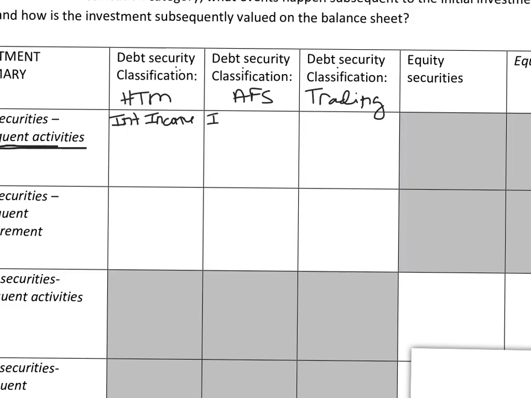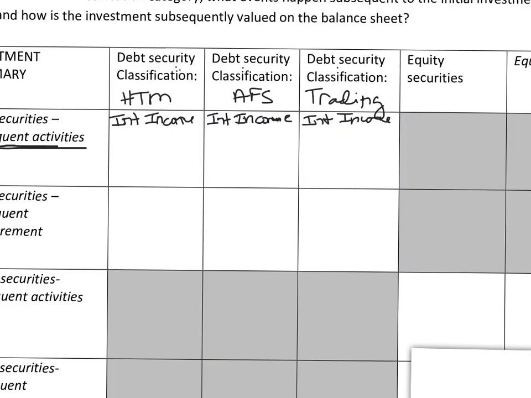So that's going to be the same across each category. And I know we talked in class about the fact that you can use the words revenue or income here interchangeably. All right, so there's one thing. We're going to have to recognize interest income.